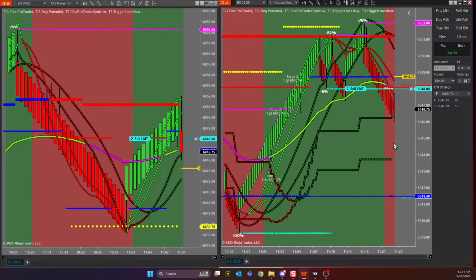So let's go through some subtle differences. Here, I'm above the large triggers from the large chart. Here, I'm trading directly into the large triggers from the large chart. Not exactly the same look. Here I have strong triggers. Here I have weak triggers.